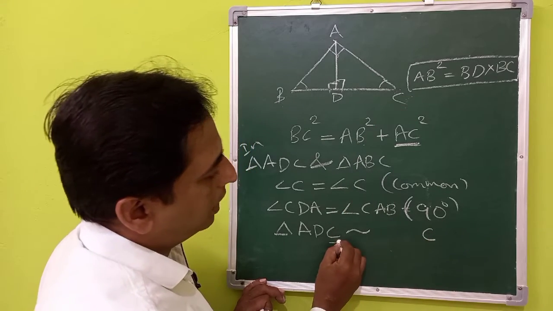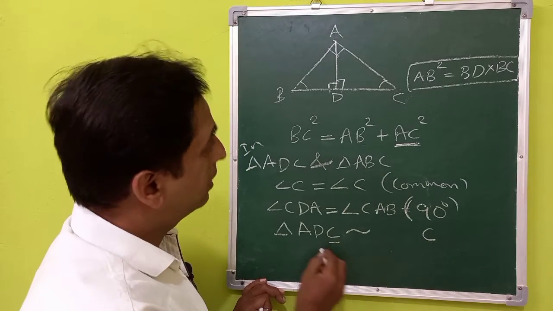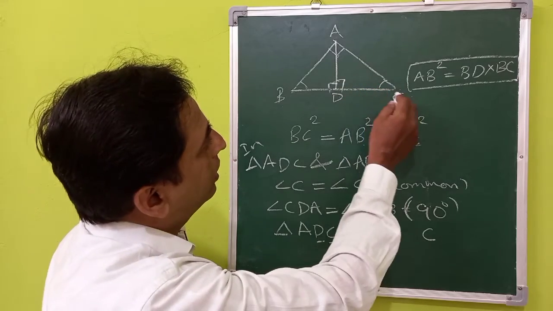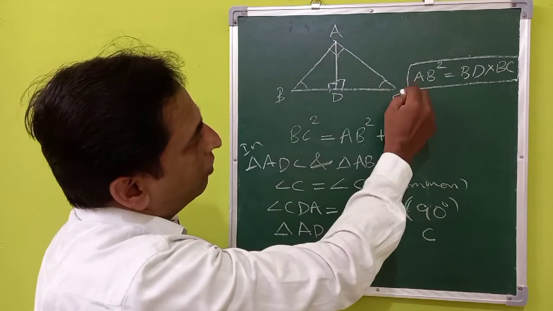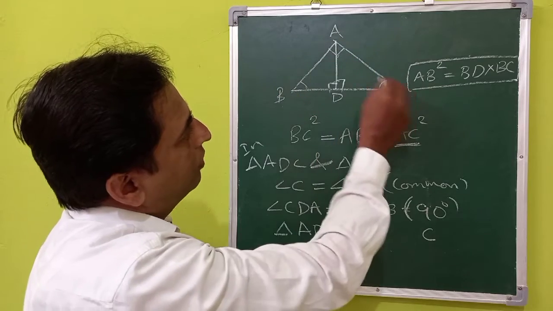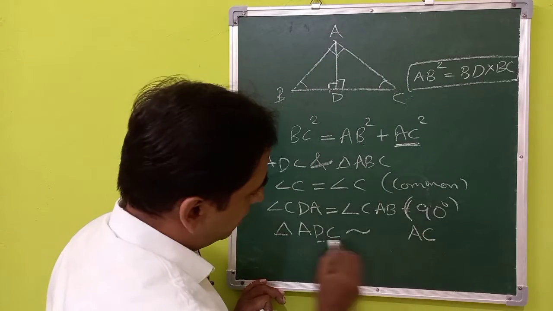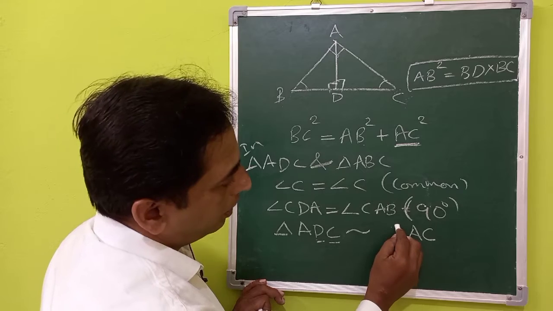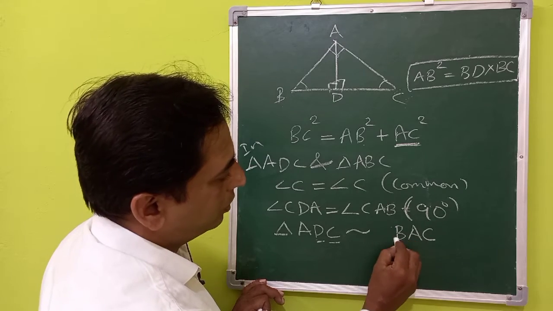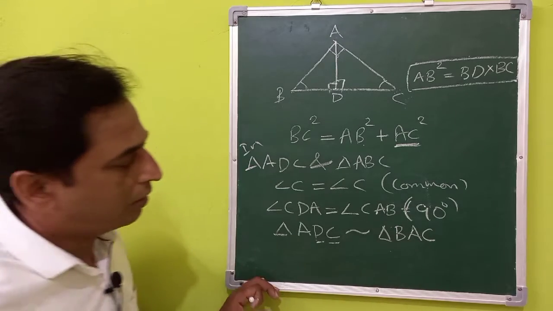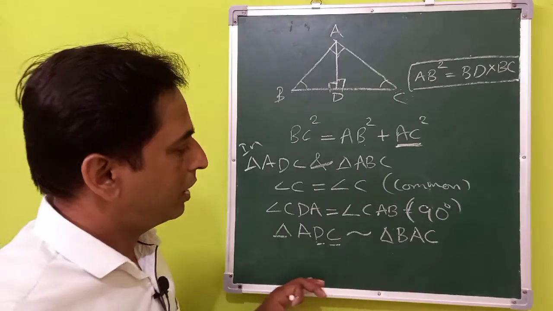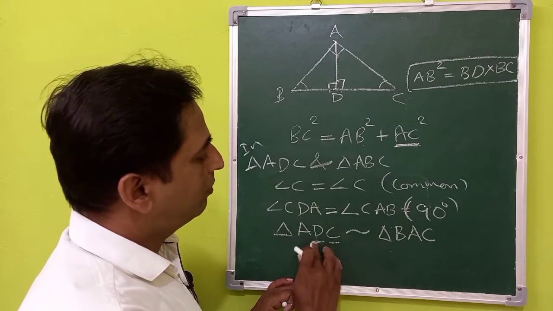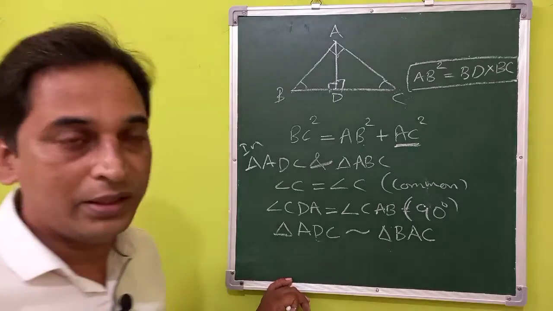In this triangle D is the 90-degree angle, so we need the 90-degree angle from the bigger triangle, which is A. We put it here corresponding to this, and the one vertex which is left is B. So we have written the two triangles in the correct order: triangle ADC is similar to triangle BAC.